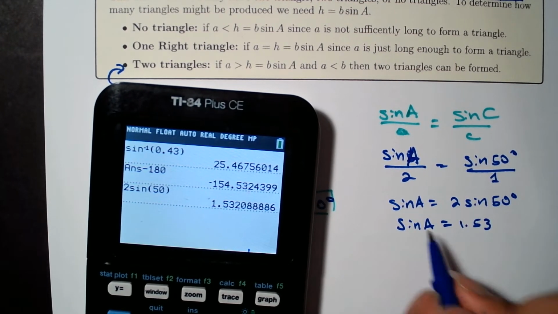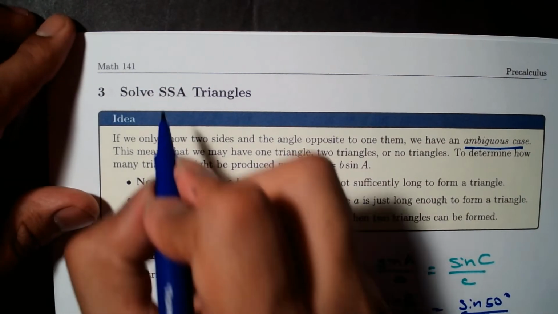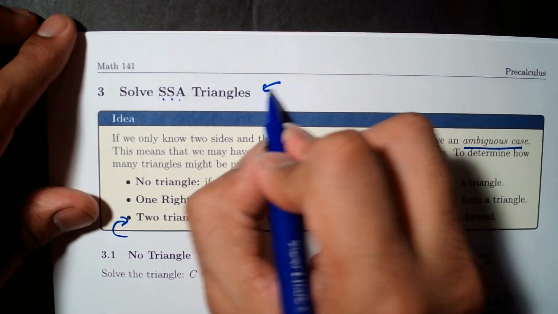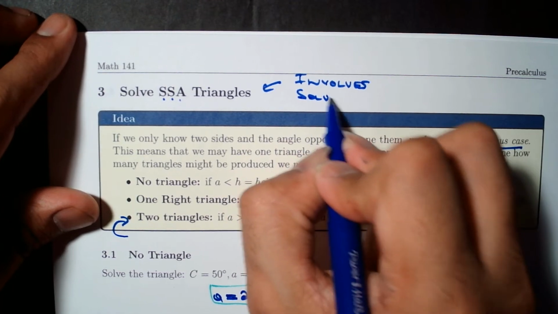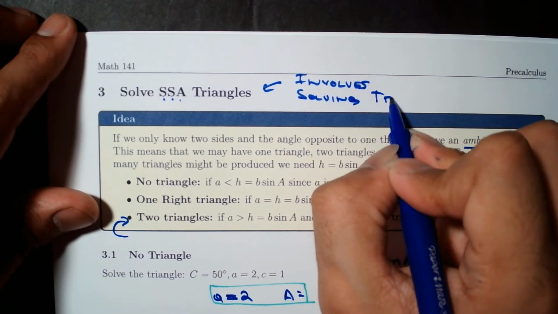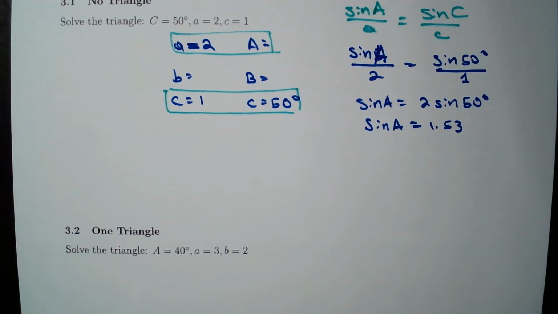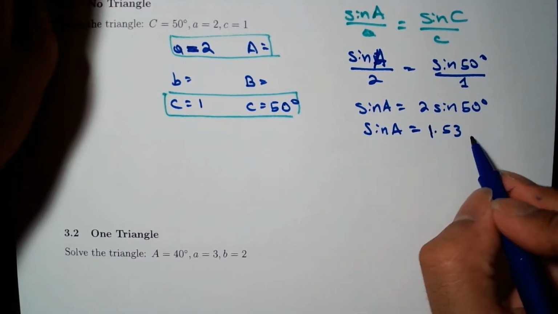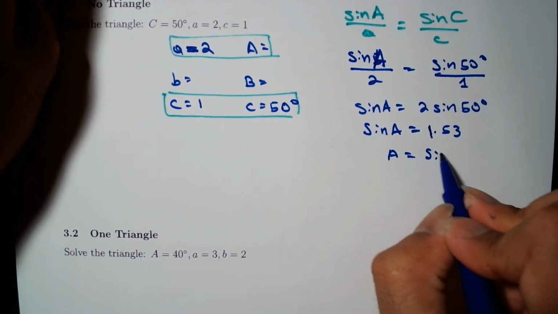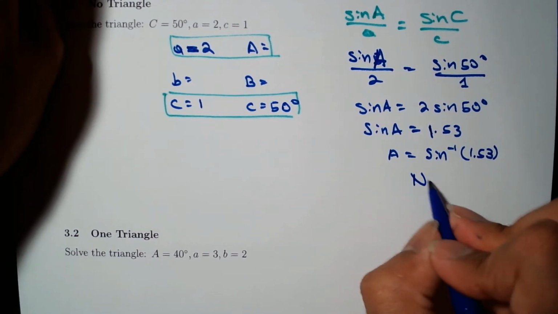But before moving on, solving SSA angles involves solving trig equations, and in this case we need to consider all the possible solutions in the Cartesian plane. So sine A is 1.53, then A equals inverse sine of 1.53. And in this case, we're going to have no solution.